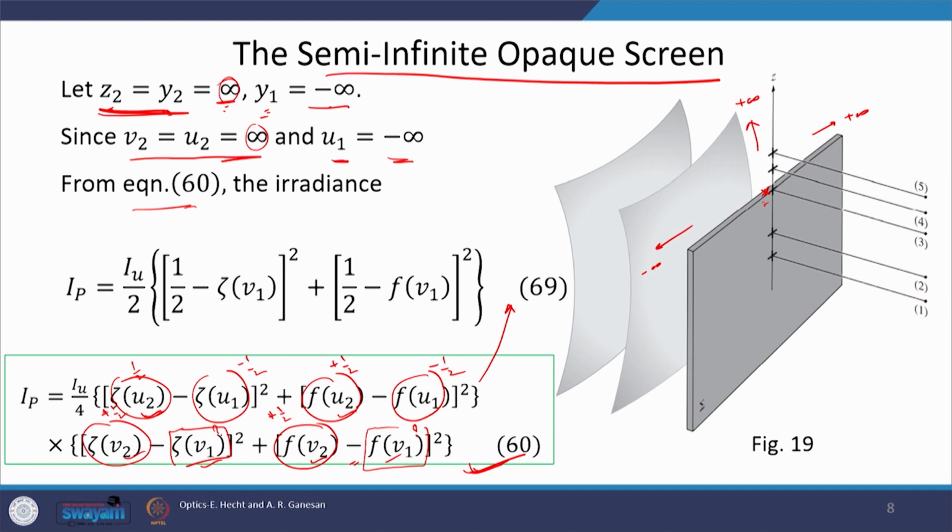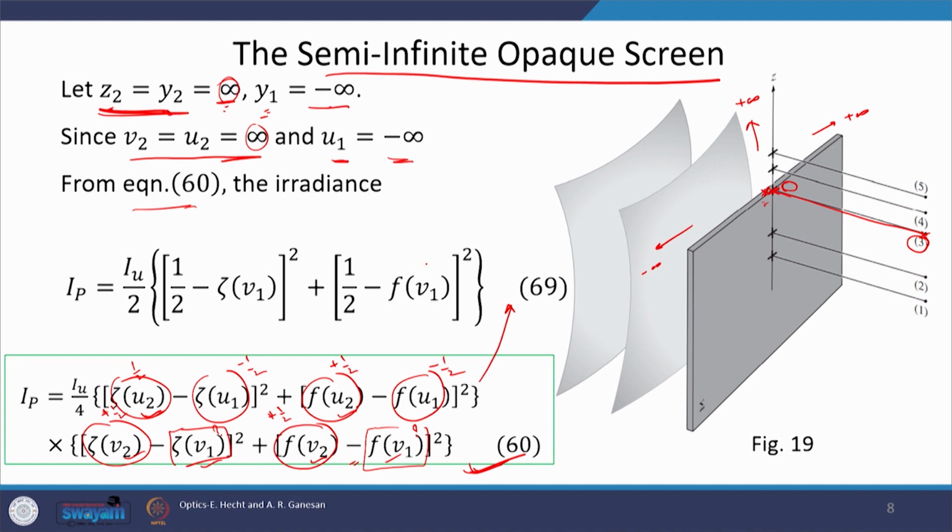Now, in this equation, suppose that the point of observation is here at point number 3. Now, if the observer is at point number 3 in the Fresnel domain, then it will see that the edge is directly in the field of view, here it is, and you will see that the origin is here at the edge.